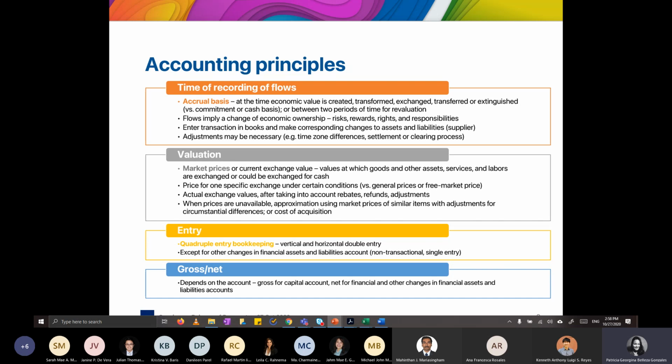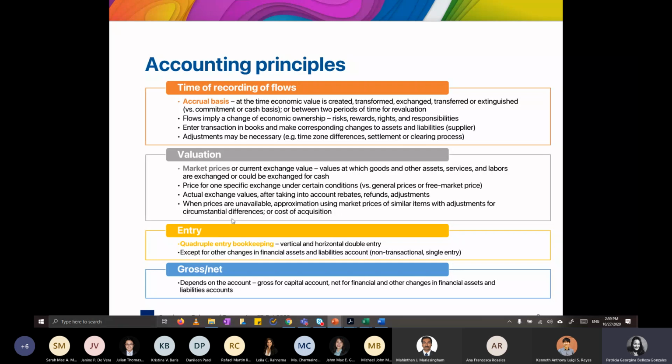This is as opposed to the general prices, or free market price, where it's determined for a class of assets or for a period of time. So for this, actual exchange values would do after taking into account rebates, refunds, and adjustments. So we assume that actual exchange values already reflect the price for one specific exchange under certain conditions.